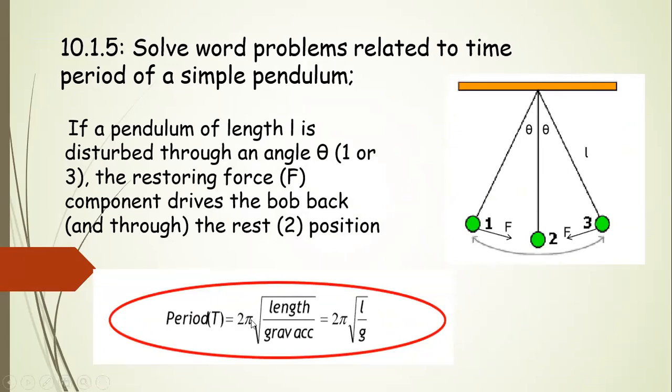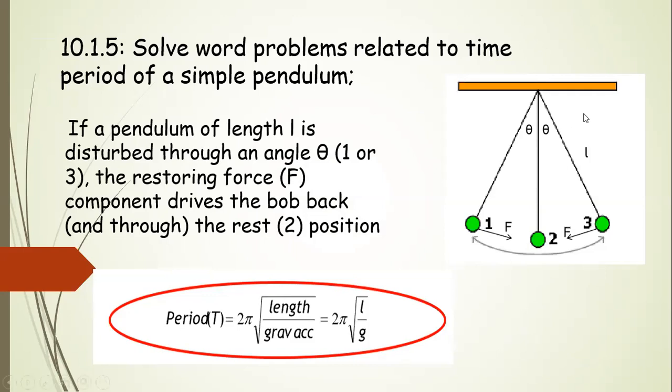So the time period is this: I'm taking the bob to the third position, it moves towards 2, then towards 1, then back to 2, and then to 3. The time taken for this one vibration is called the time period.